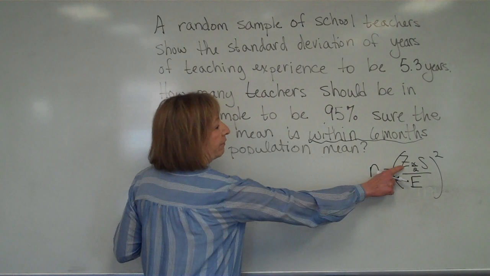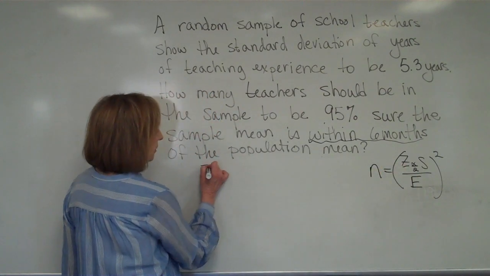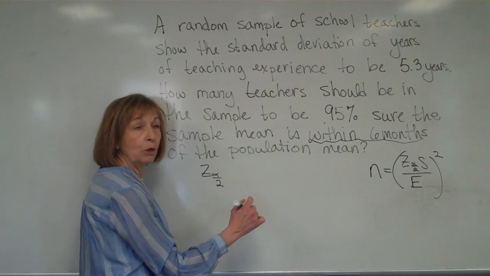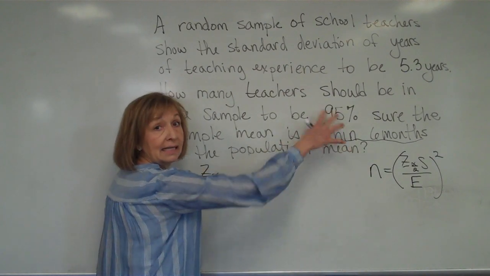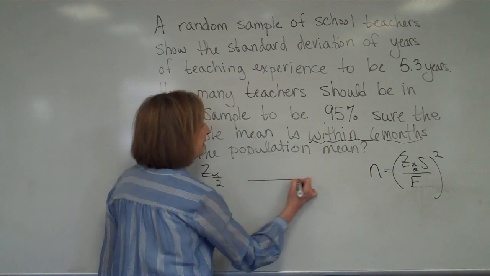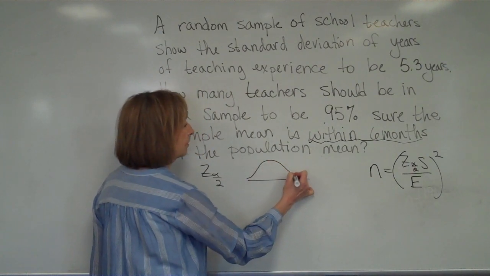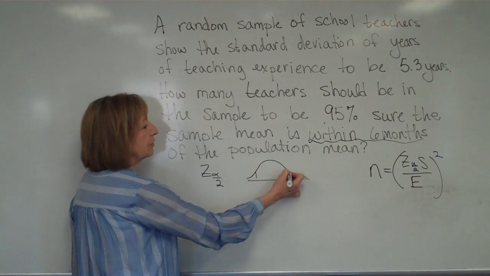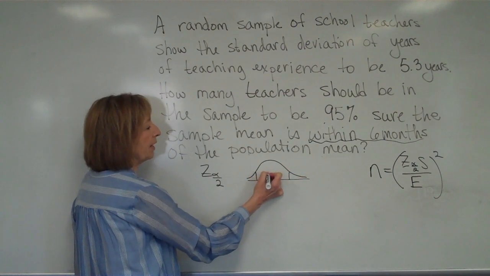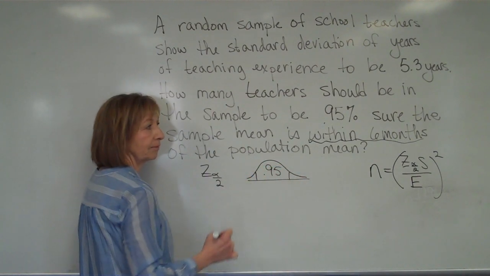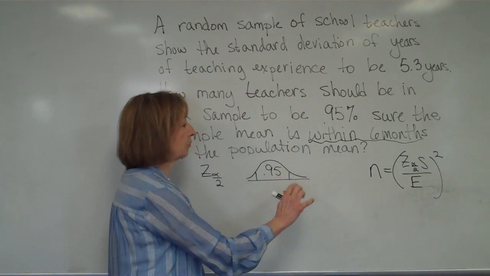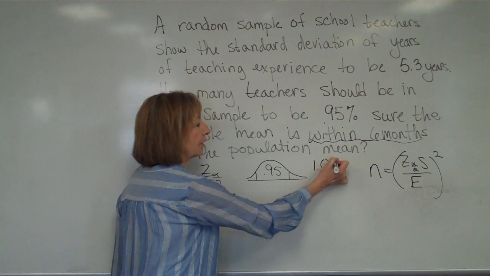I need to first find my z sub alpha over 2. So remember, for z sub alpha over 2, that's where we have the percent in the middle of this sketch, and I know that because they're also doing the work with confidence intervals. So I have 0.95 in the middle. Now the entire area under the curve over the number line is 1.